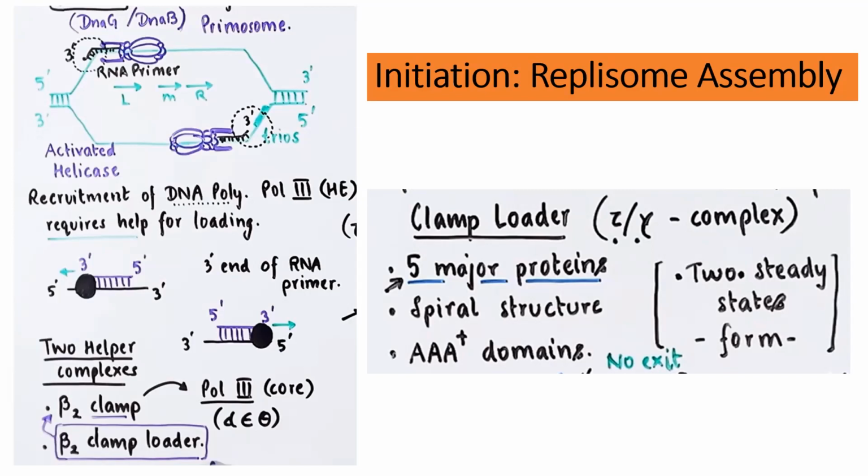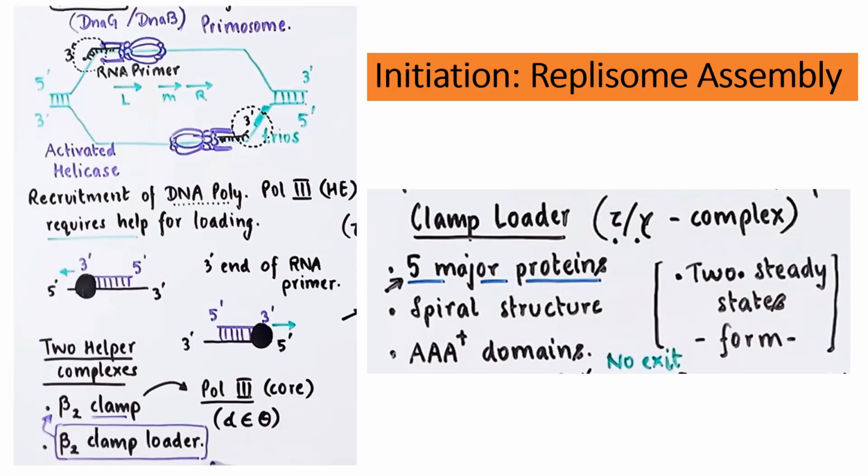This complex directly recruits the DNA polymerase 3 complex at the RNA primer. DNA polymerase 3 is a multi-protein complex. As we know, it has 10 subunits, but the three important ones to keep in mind are the alpha, epsilon, and theta subunits.